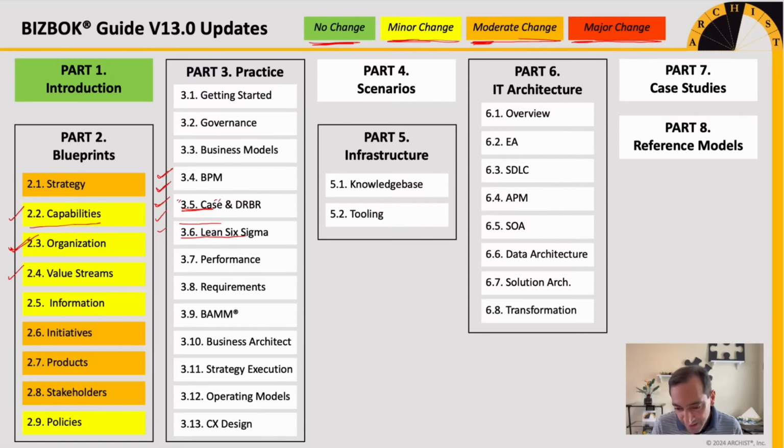And also the other minor change that we see in the value streams is the use of the stakeholder category. Again, under the stakeholder mapping, we're going to talk about the stakeholder category, but when we do value stream design, we map the triggering and also participating stakeholders to value stream and also to each stage of a value stream.